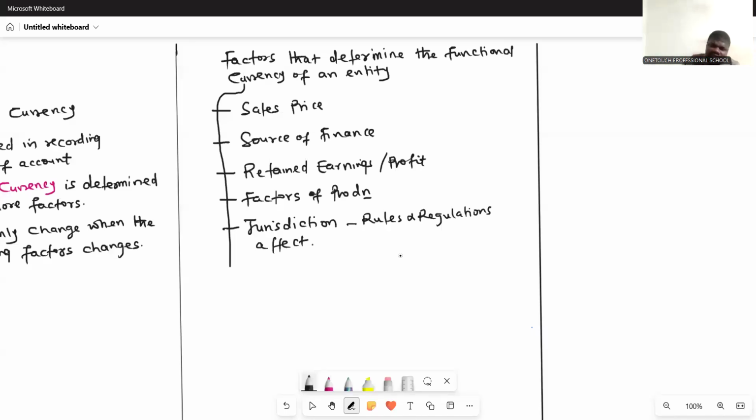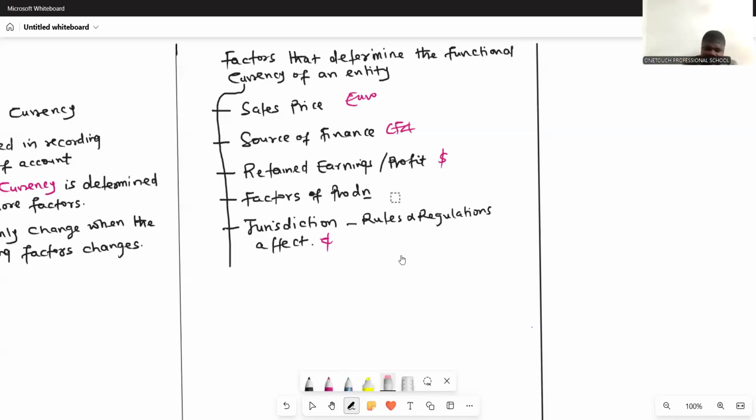Assuming this is Ghana cedis, this is dollars, this is dollars. Okay, let me see. This is, let's say, pound sterling, and then this is CFA, and then this is euro, and then let's say this is Ghana cedis.